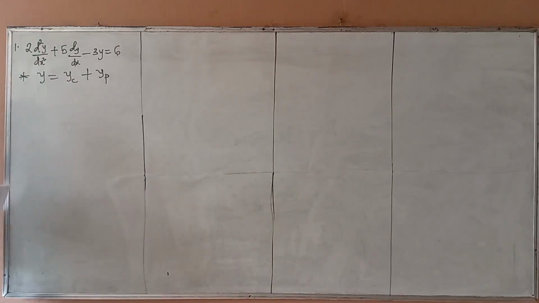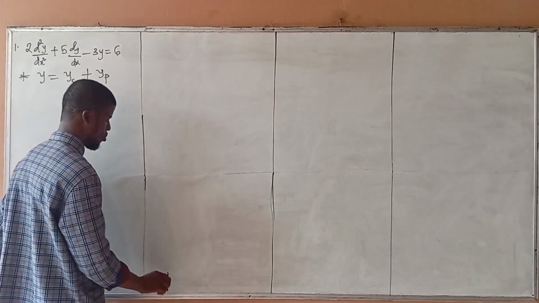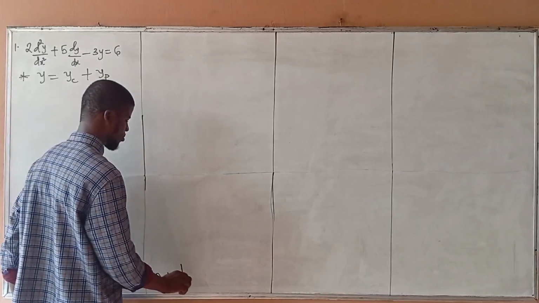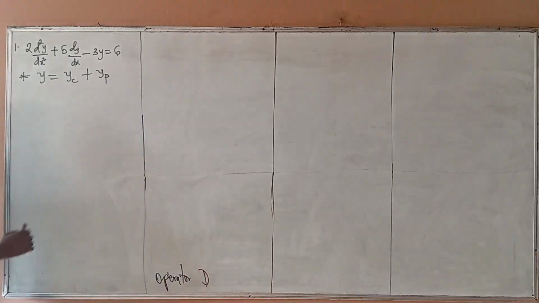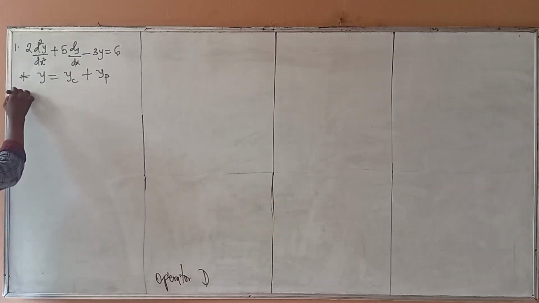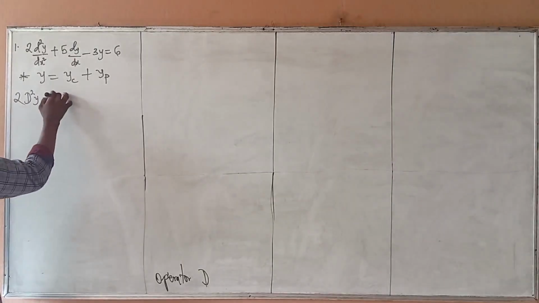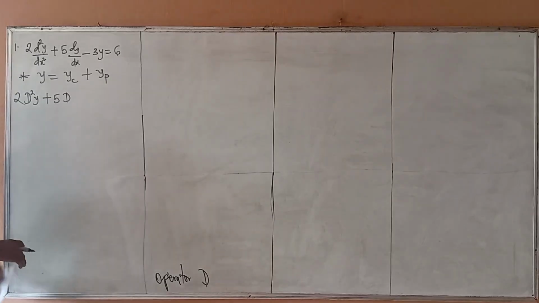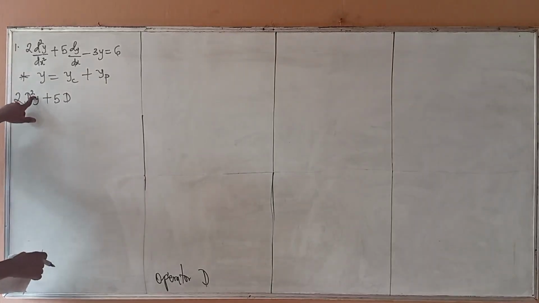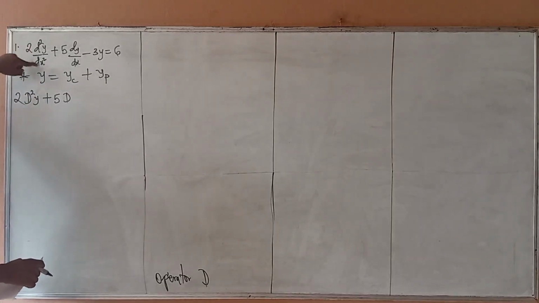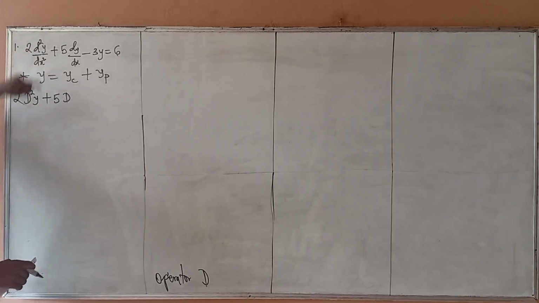To start, I'm going to write this differential equation in D operator form. So it's going to look like this: 2 into D² y plus 5 into D y. What this means is that D² represents d²/dx². You get it? Yeah.